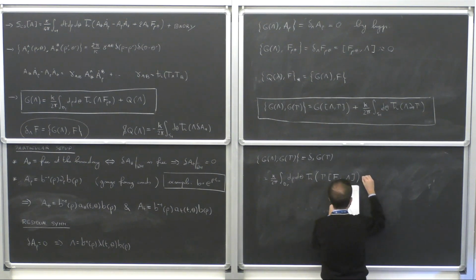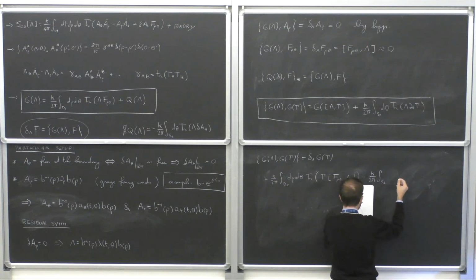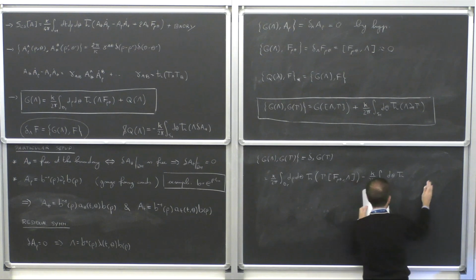Then minus k over 2 pi, integral over S1 at the boundary, because I also have a boundary term, d theta trace of gamma d theta lambda.